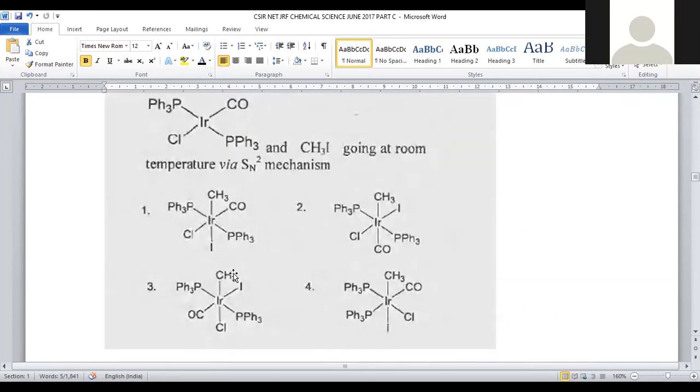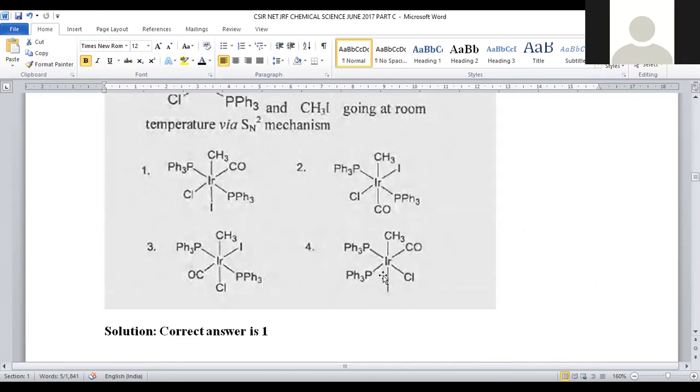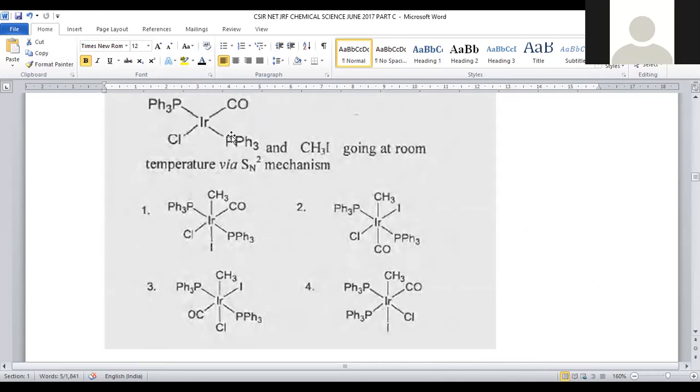So we have methyl and iodo in trans position in only option number 1. And in option number 4 also we have methyl and iodo in the opposite positions. But what happened? The initial configuration, initial orientation, initial geometry of the molecule is interchanged. This is not preferable.